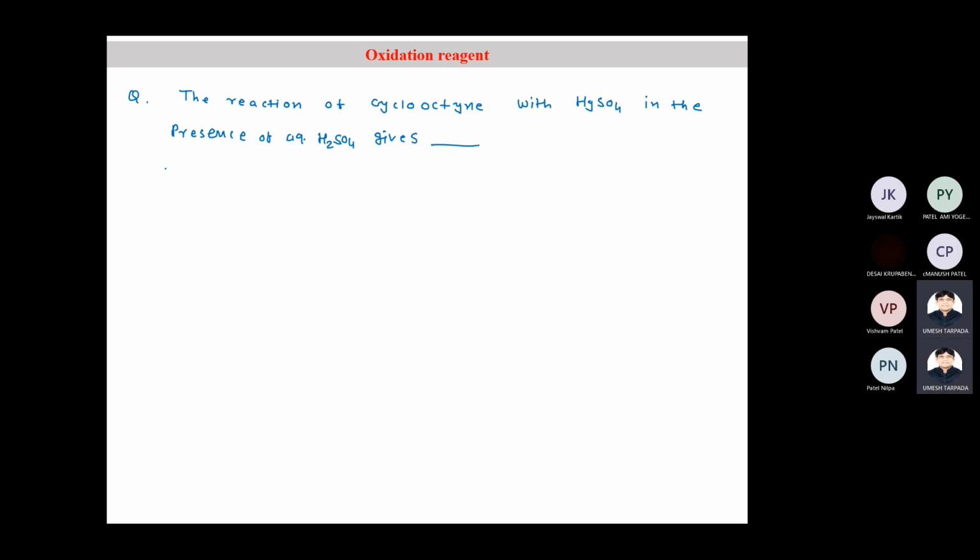So see, it's very simple. These are the options which are given.